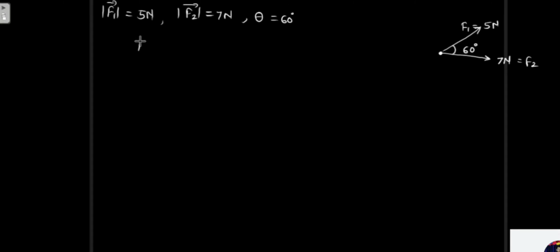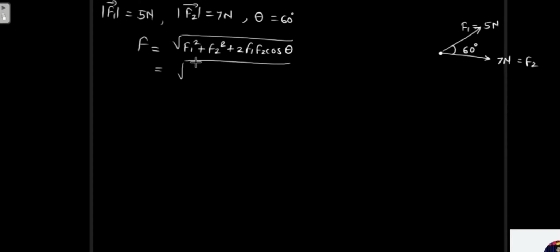So the resultant force will be given by the formula root of F1 square plus F2 square plus 2 F1 F2 into cos of the angle between them, that is cos of theta, which will be equal to root of 5 square plus 7 square plus 2 into 5 into 7 cos of 60.